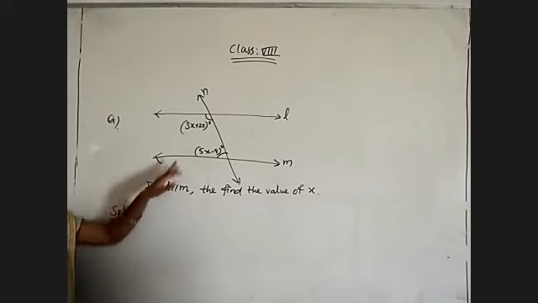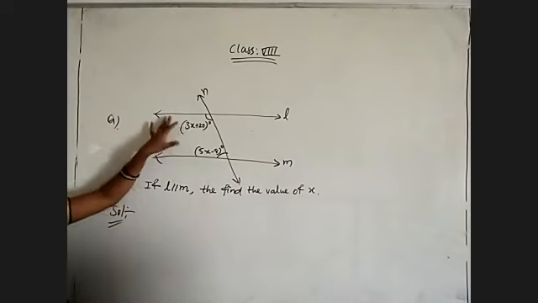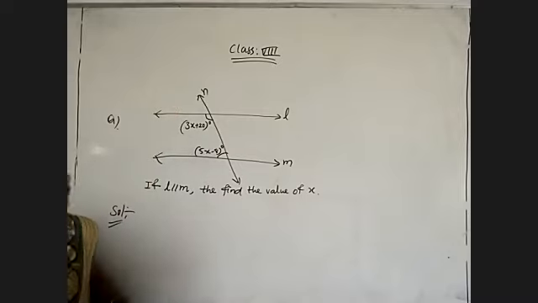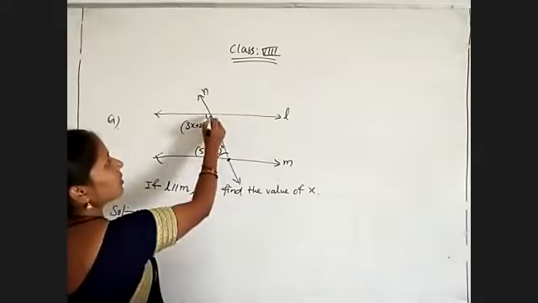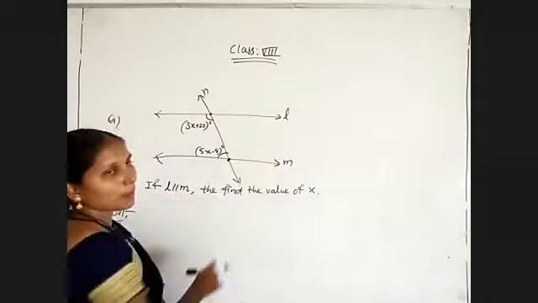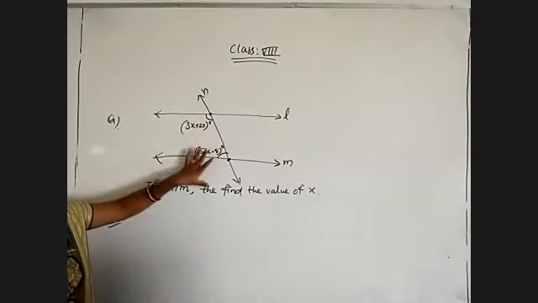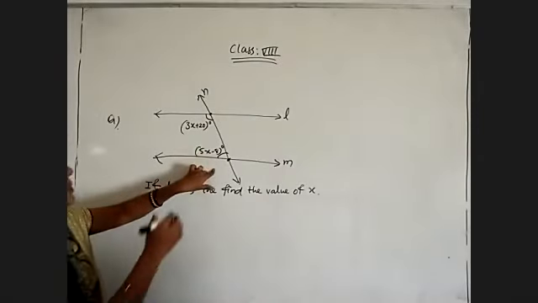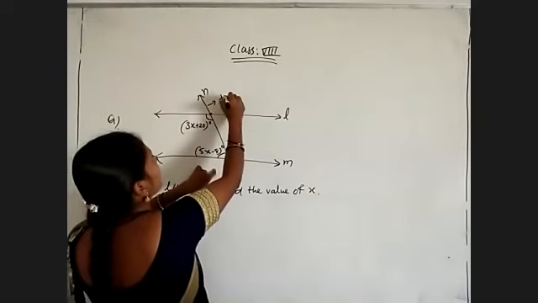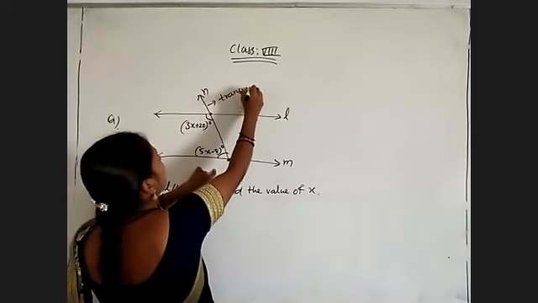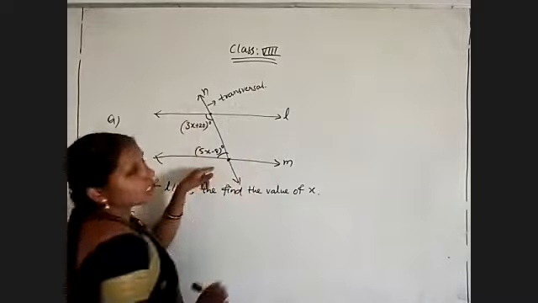So whenever the two parallel lines concept comes, what about N? What will we call N? L and M both are parallel lines. N is a transversal. What is a transversal?